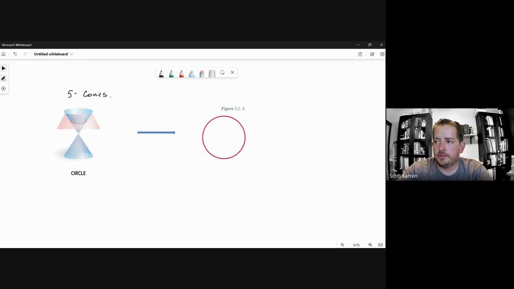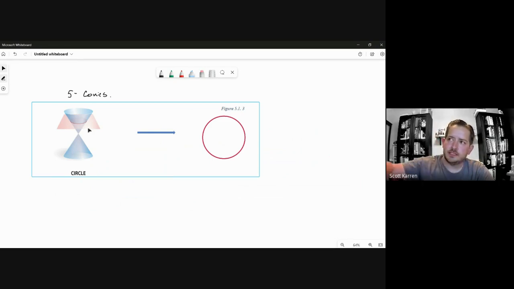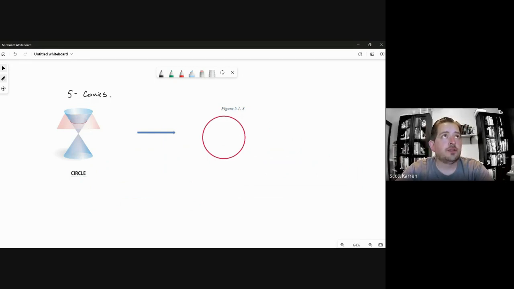There we go. So if we take a couple of cones over here, the very first thing that we would talk about is if you just take a plane and slice it like this picture does, then you get a circle, right? You can slice these in different angles.